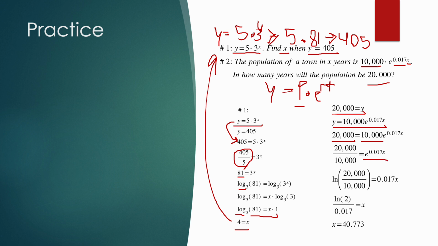And now we're going to use this logarithm notation, which I don't know if I've told you guys yet, but this is just called the natural log. It's a different way of writing log base e. It doesn't really mean anything.